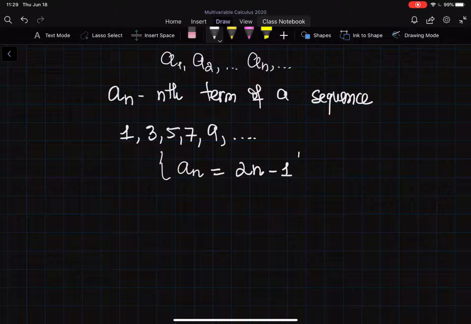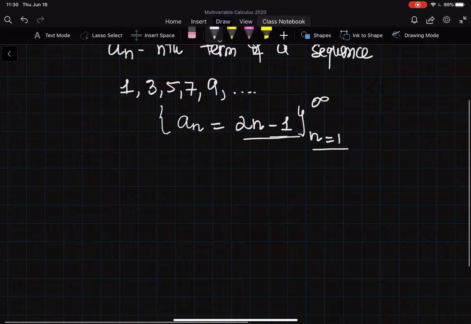And we can just put the curly brackets around this general formula, and right here on the end it says n starts from 1 until infinity. So if you substitute n equal to 1 here, you're going to get 1. If n is equal to 2, you're going to get 3. If n is equal to 3, you're going to get 5, 7, 9, and so on.